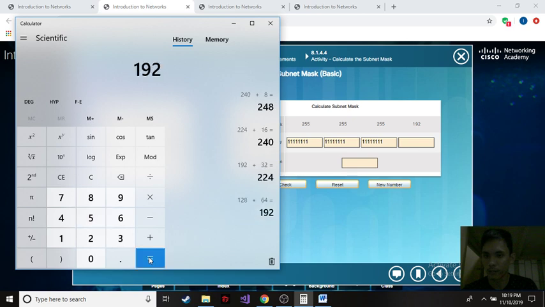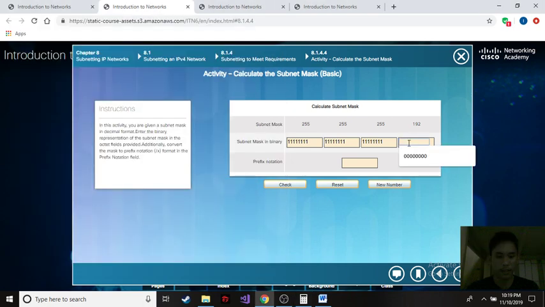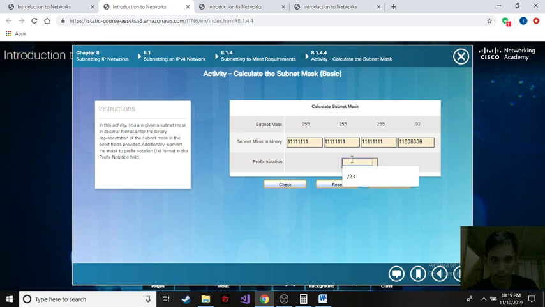So that's it. We already got the value that we wanted. So we will enter 1, 1, then the remaining slots will be 0. Then for the prefix notation, we will just count how many ones are in the binary subnet mask. So this is 8, then 16, 24, plus 2 will be 26.